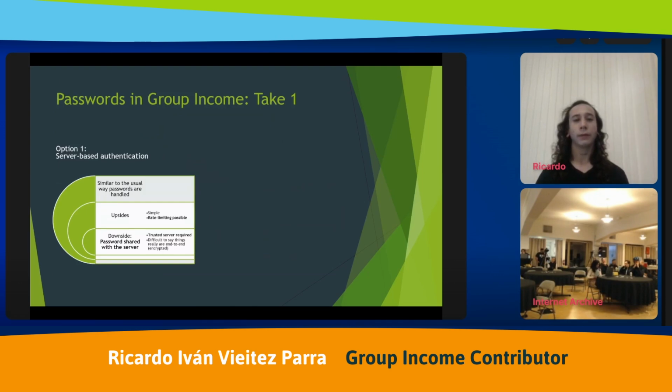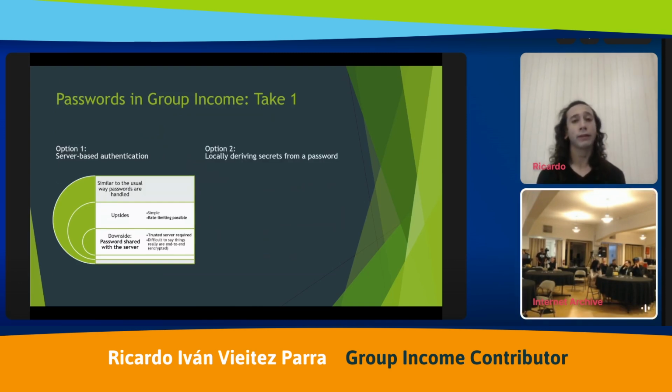It's difficult to make the claim that what we are doing is end-to-end encrypted because it requires this trusted server, and it also requires that the server keeps some information that could be used to look at everything that is being sent. So this is not really a good alternative.